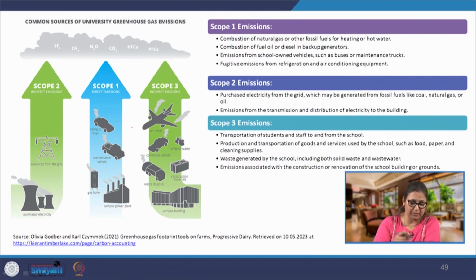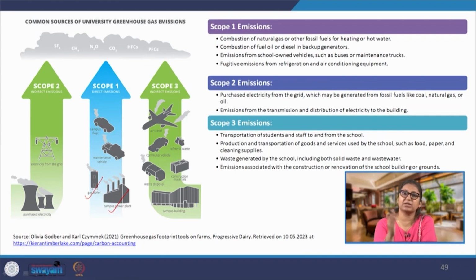So, if the campus has its own power plant, often in the colder regions, they have boilers to provide heating, consuming electricity or some other fuel directly there. If it is electricity, the emissions go in scope 2.